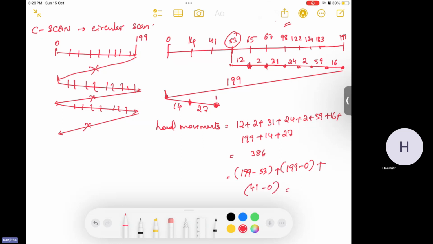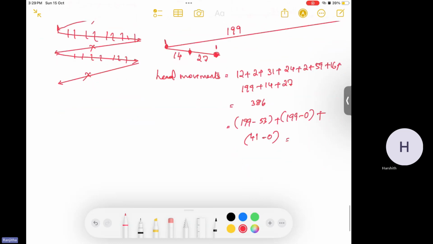This will come to the same number, that is 146 plus 199 plus 41, which is 386.